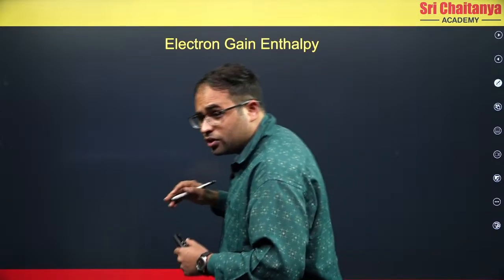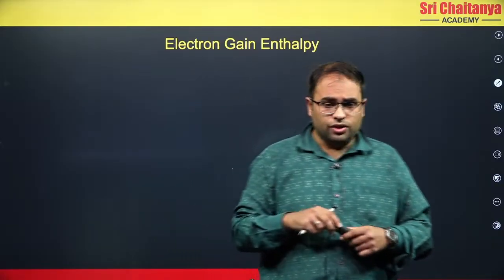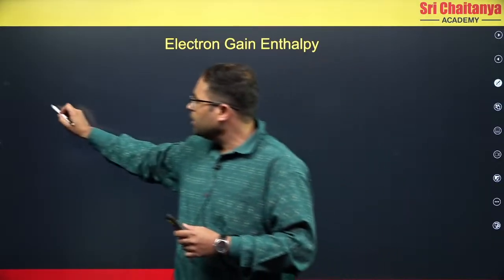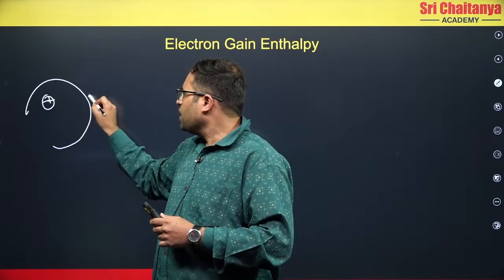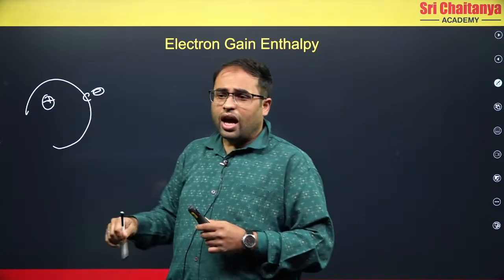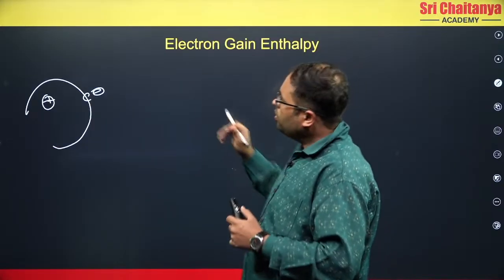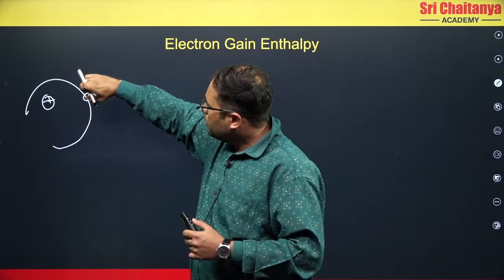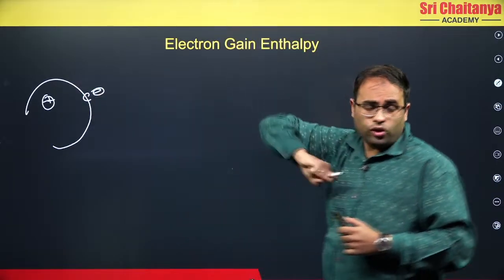Let us talk about electron gain enthalpy. See, what was ionization energy? You had a nucleus here, you had a valence shell, and now I am using my energy to remove this electron out.